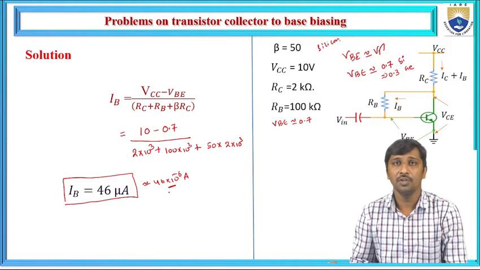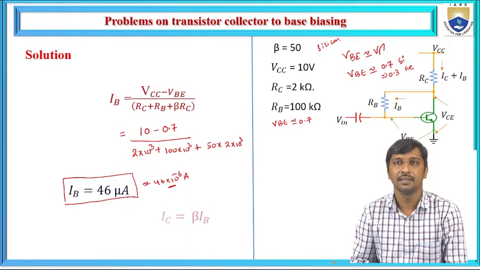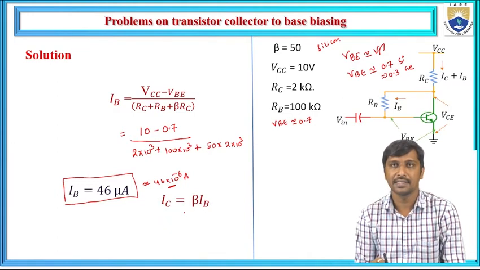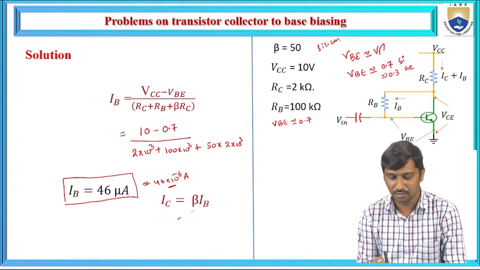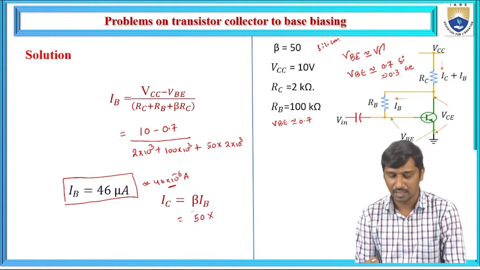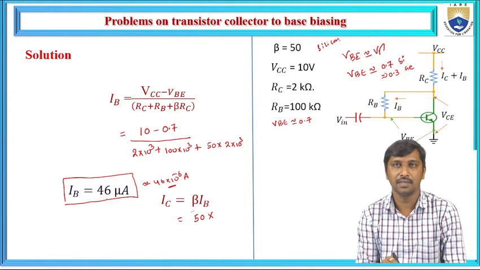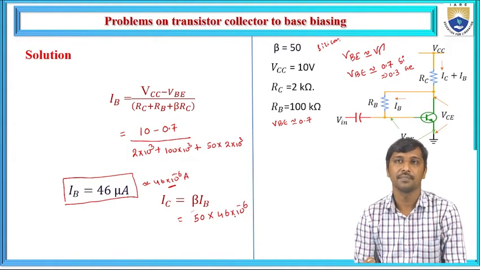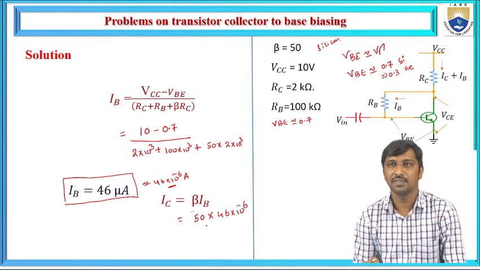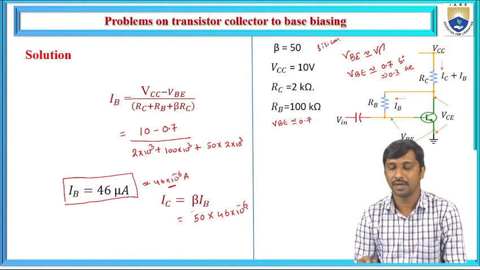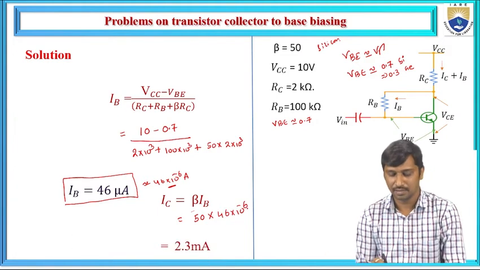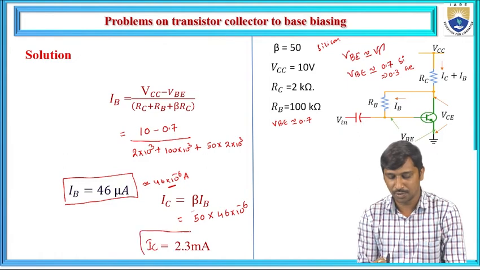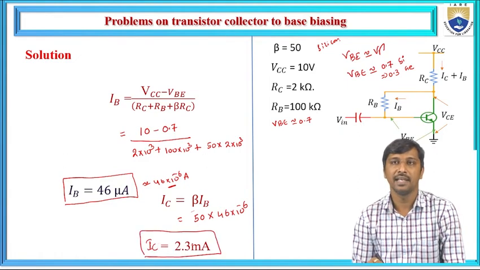From the common emitter configuration, the collector current IC is represented as beta times IB. In the problem, beta is mentioned as 50, and we just got the IB value of 46 microamperes, that is 46 into 10 to the power of minus 6 amperes. Multiplying 50 into 46 into 10 to the power of minus 6 gives the collector current IC equal to 2.3 milliamps.